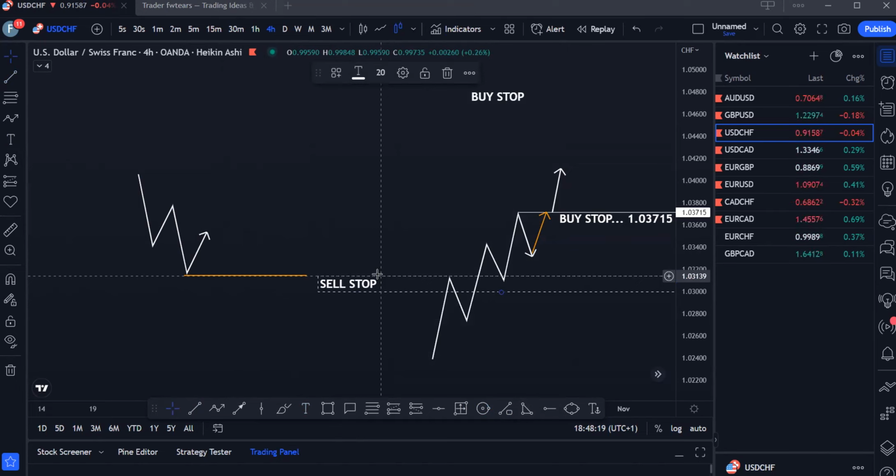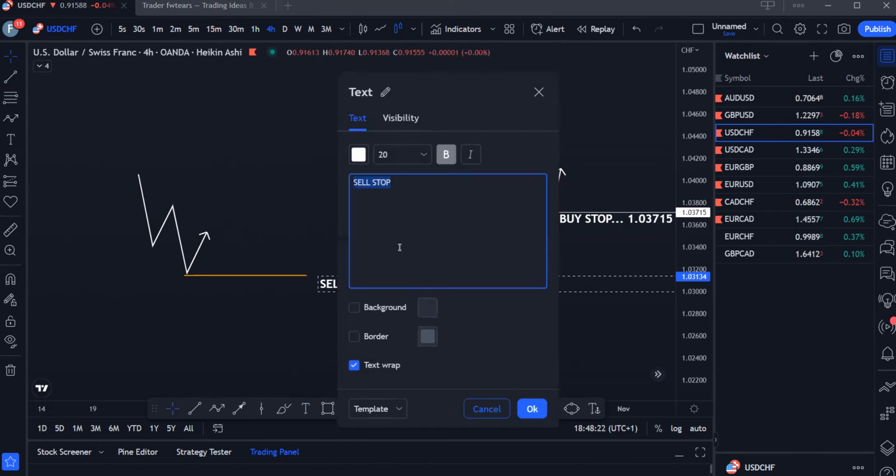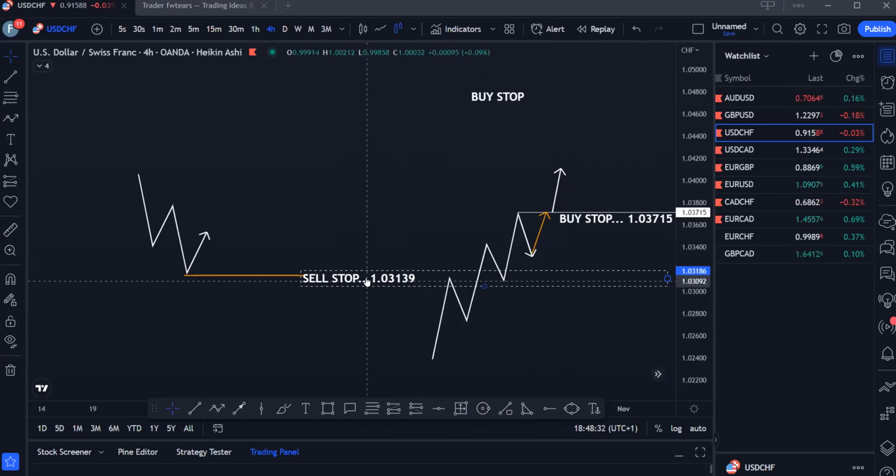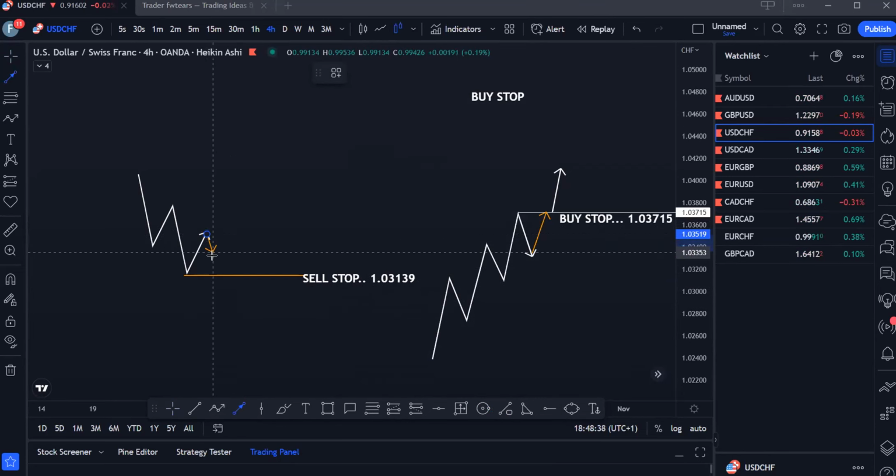Right here, 1.03139. 1.03139 sell stop here, such that when price keeps going down, as soon as it gets into your sell stop order price, immediately a new trade will be opened on your behalf because you have a trade. Okay, so as a sell stop has opened, it's open a sell order to continue the move. It's as simple as that.